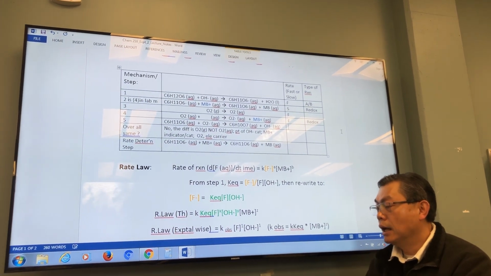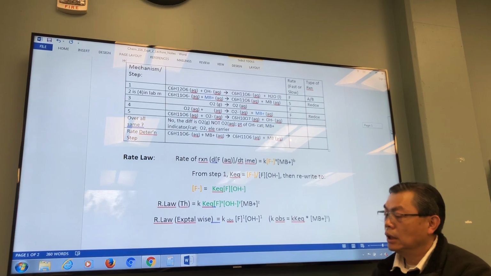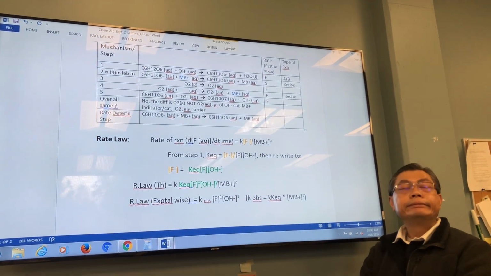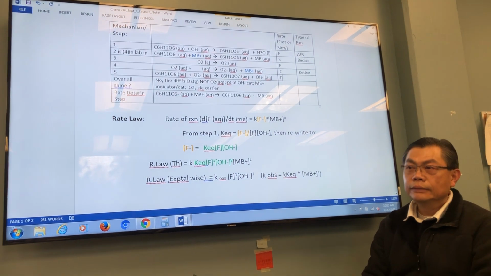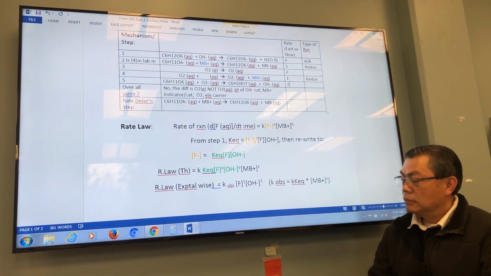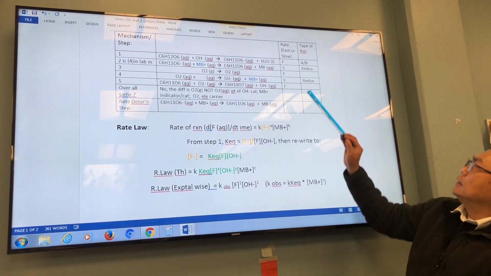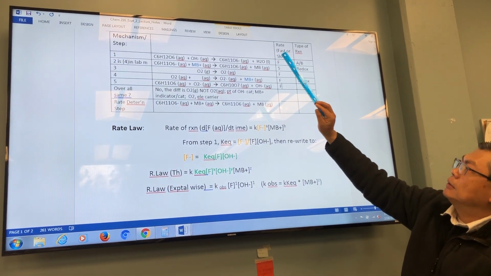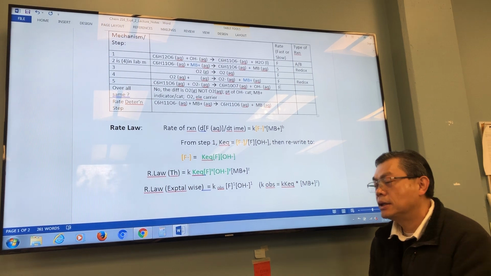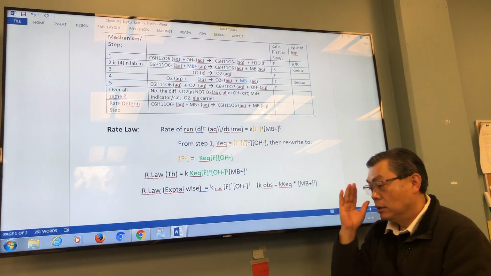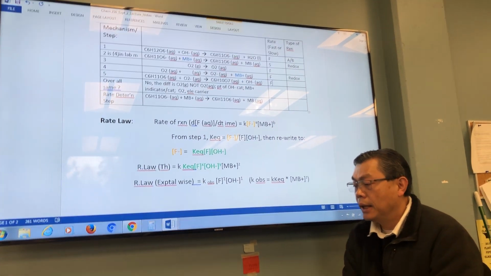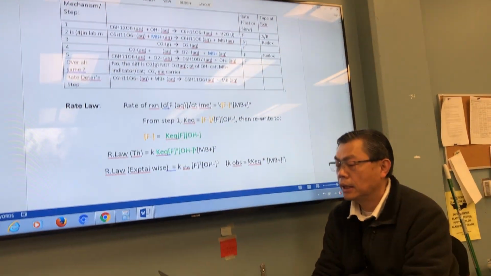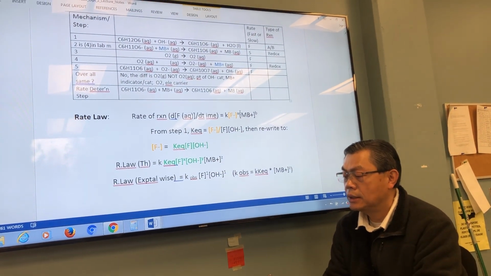What about this step? We did not do it, and it is just fast. So only one step is slow, which is step 2, but in our lab manual it is step 4. So this is our rate determining step. Yeah. So the second step is our rate determining step.